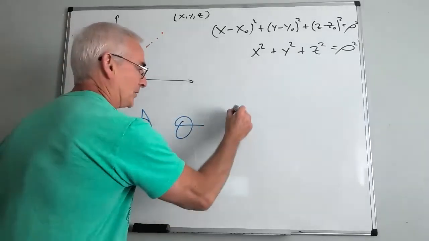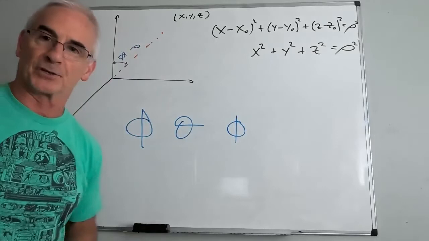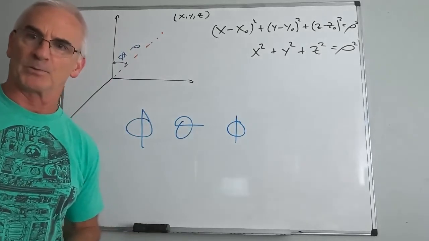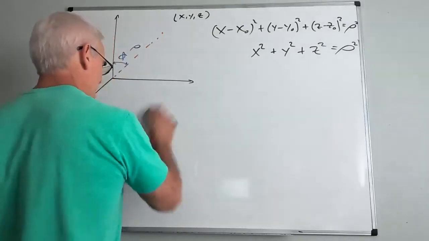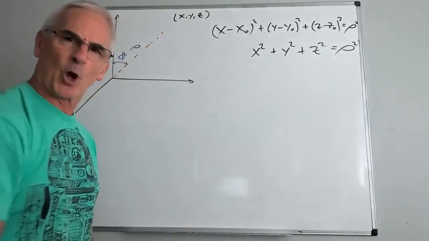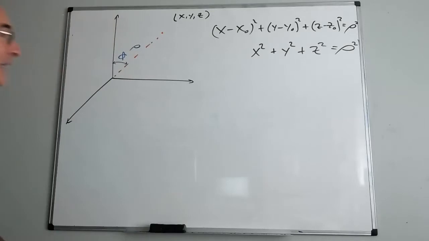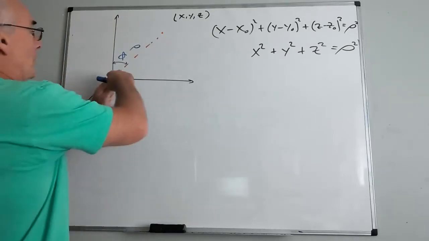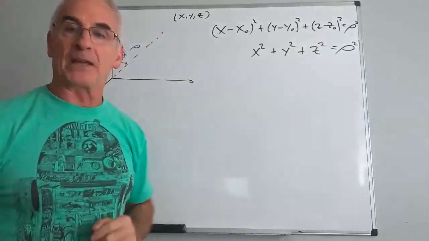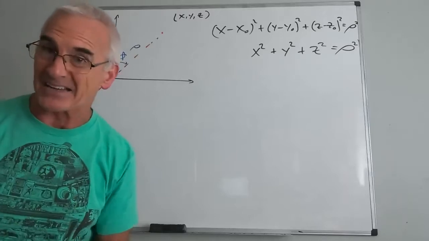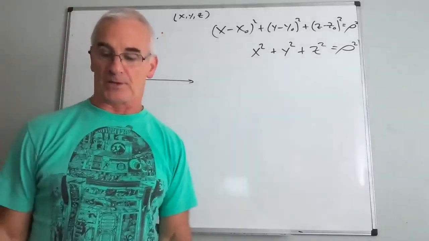Phi is the angle made with this line segment, the line segment coming out, and the Z axis. Nothing to do with the XY plane whatsoever.